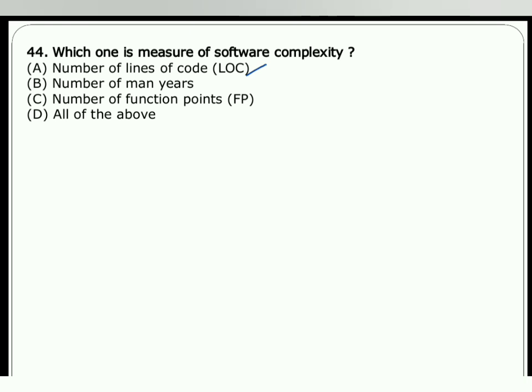Source lines of code is a software metric used to measure the size of a computer program by counting the number of lines in the text of the program's source code. And a function point is a unit of measurement to express the amount of business functionality an information system provides to a user. Function points are used to compute a functional size measurement of software. Here the cost of a single unit is calculated from the cost bracket. So the answer is lines of code.